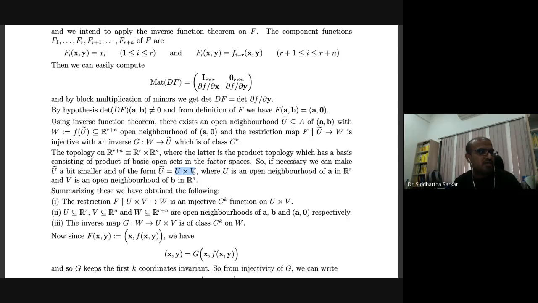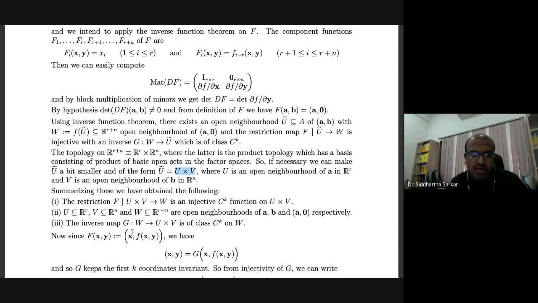In general, I need all open sets. Anyway, this just follows from basic point set topology.